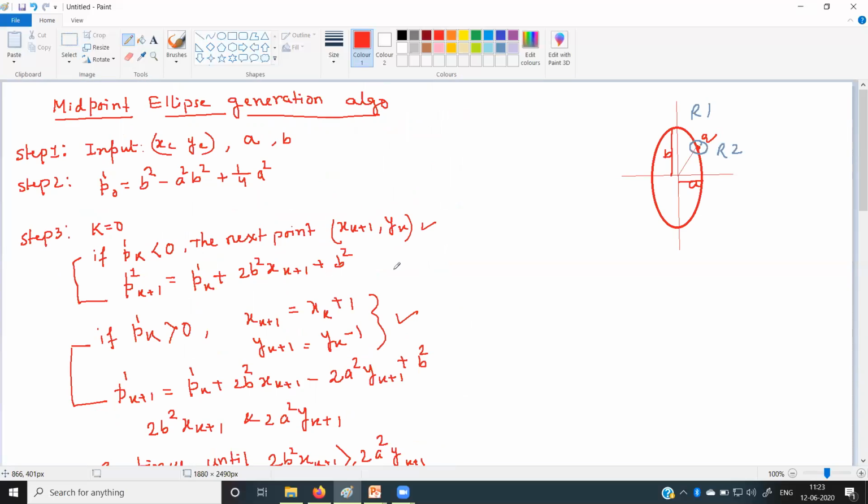Now, I will show you how to solve a problem based on this algorithm.